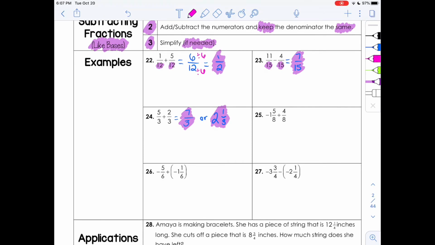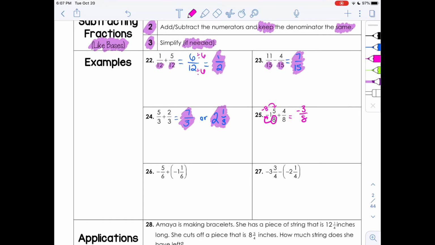And we're going to do that by multiplying our denominator by our whole number. 8 times -1 is -8. And then we add our numerator, -8 plus 5, is -3/8.